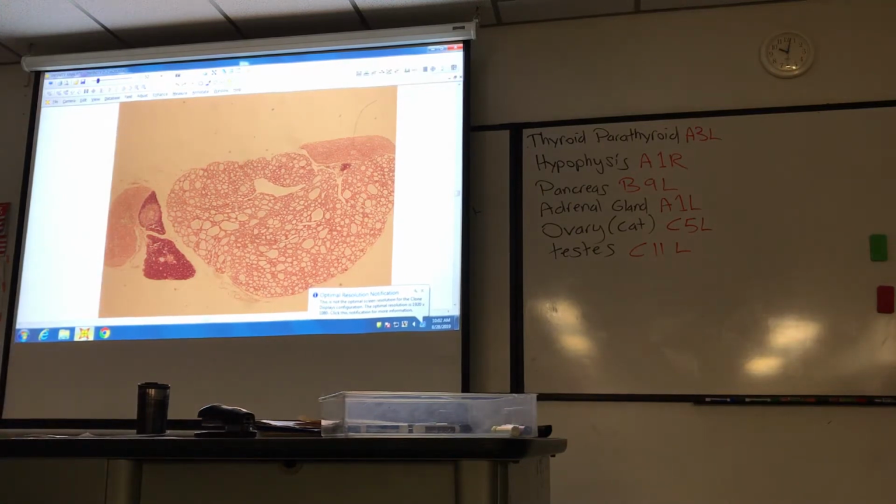Let me do a couple of other logistical setups here. I'm going to get my mouse over by the microscope. Got to be able to click the camera icon if I want to take pictures for you, so bear with me.